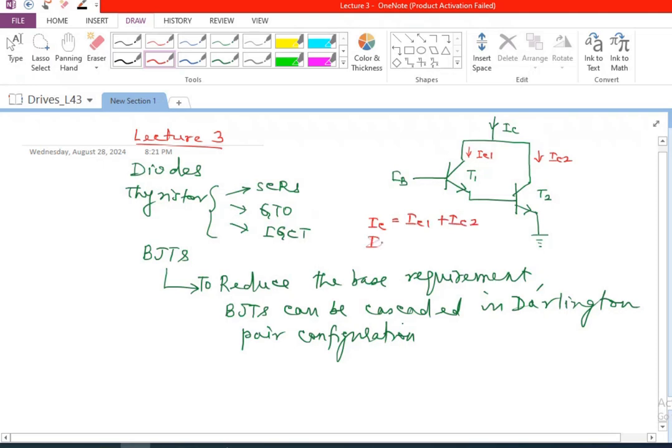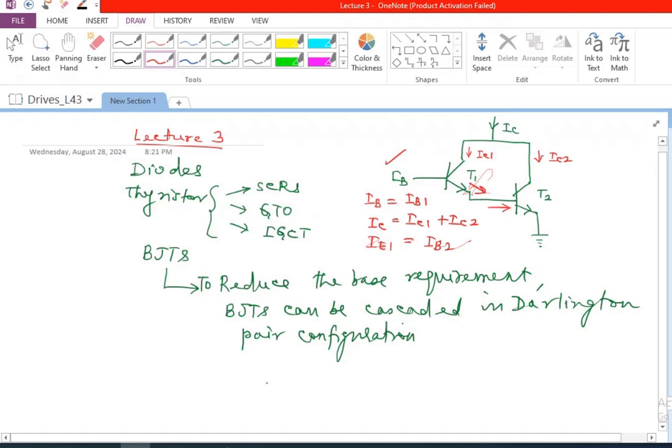And IE1 should be equal to IB2, because you can see this is IB1, which is also passing into B2, that is the base of the second transistor. So it looks as though the base current we are pushing here, this IB overall, is equal to IB1. So we are connecting two transistors together.